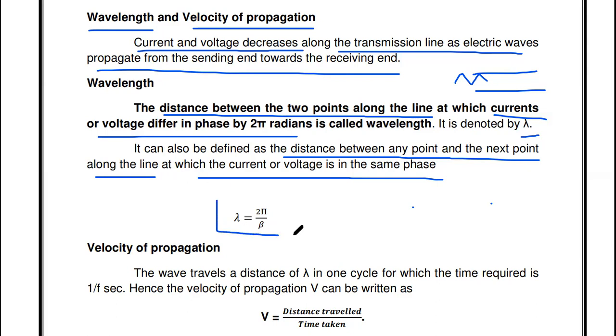And what is the formula for the wavelength? The wavelength lambda equals 2 pi divided by beta, where beta is the phase constant. So the relation between lambda and beta is lambda equals 2 pi by beta.